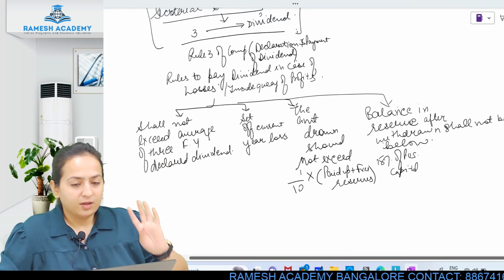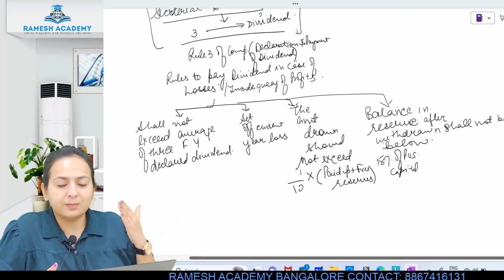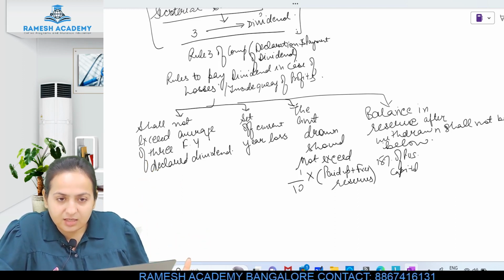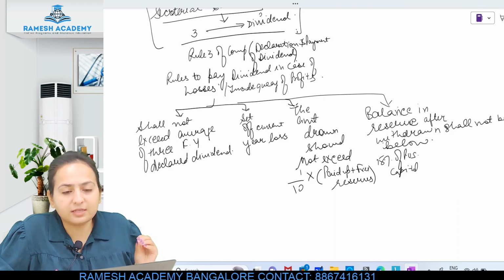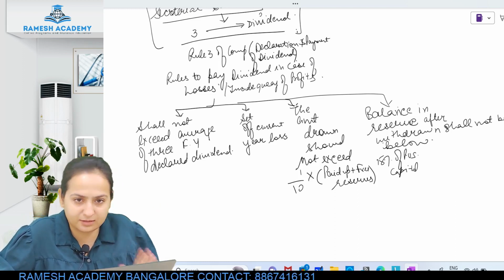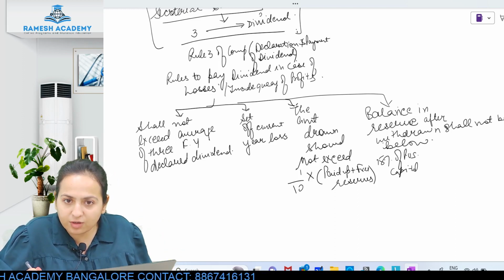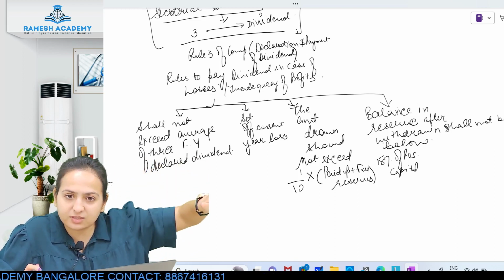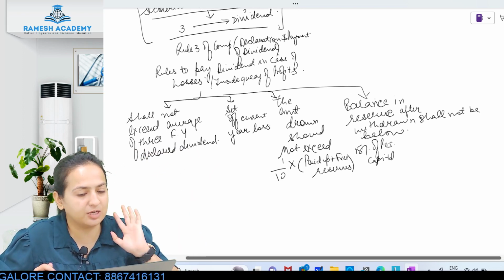See, the amount whatever you are withdrawing from the profits and transferring in case of losses and inadequacy of profits, that amount withdrawn should not exceed 1/10 of the paid up capital and free reserves. Now after this amount is withdrawn, the balance left in your reserve shall not be less than 15% of the paid up share capital.